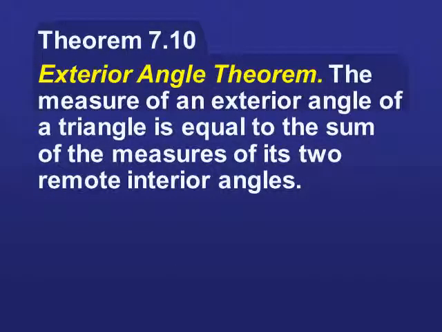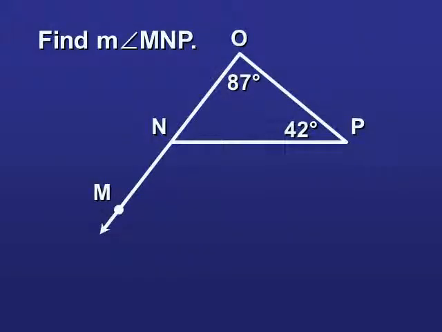Alright, so the exterior angle theorem says the measure of an exterior angle of the triangle is equal to the sum of the measures of its two remote interior angles. Okay, so let's practice this theorem.